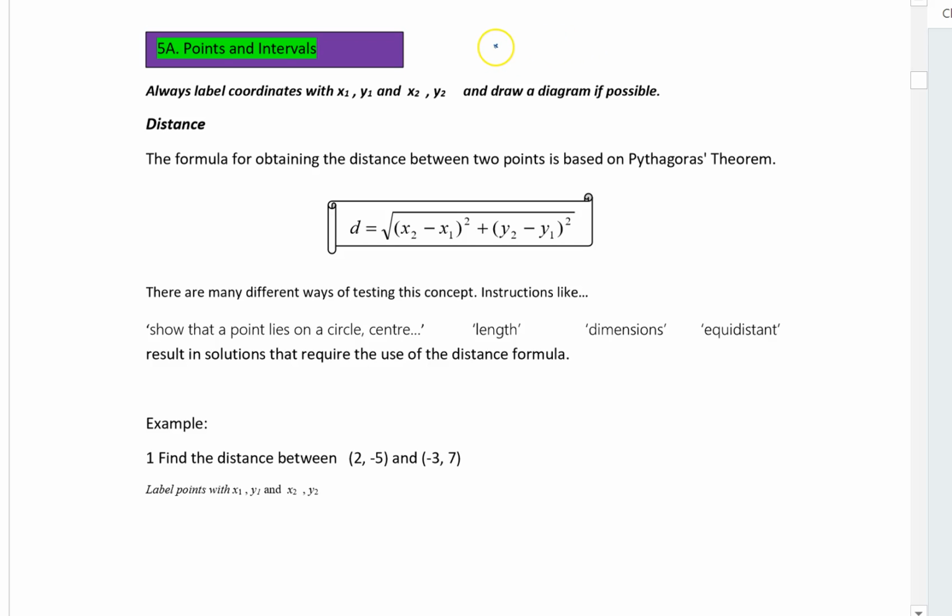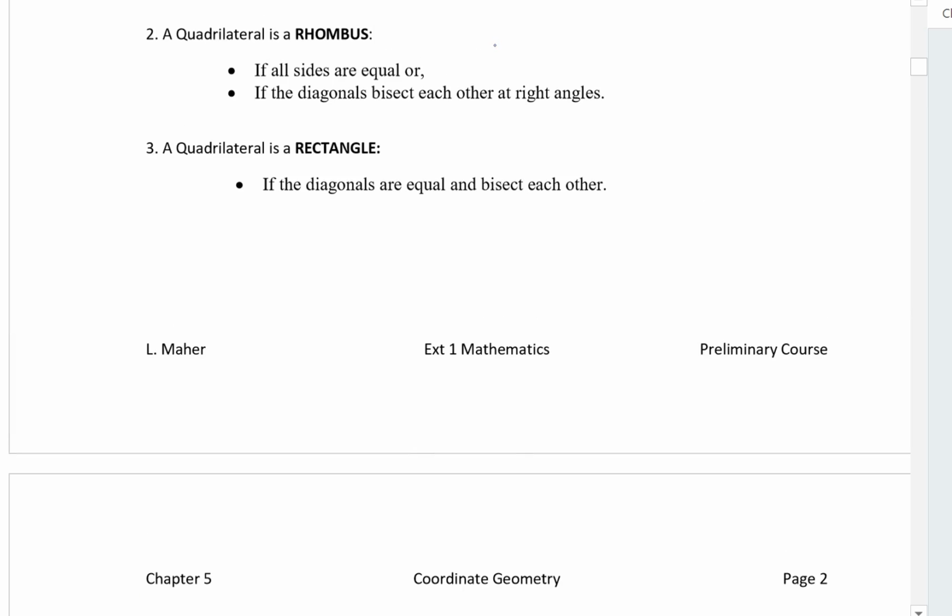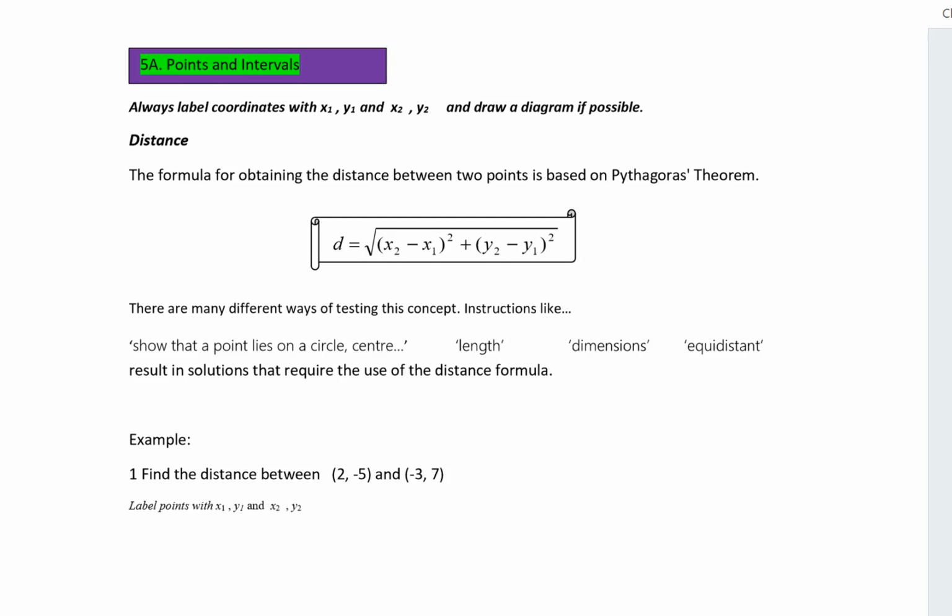We've got other aspects of geometry that are defined. Clearly, this is a point. When we come to our coordinate geometry, we assign a coordinate, and we call it x, y, to that point.